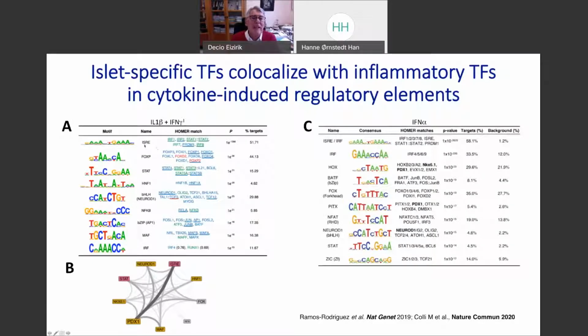When we started to look in human beta cells, all the data that I am showing today is human. So this presentation, at least today, is a mouse-free presentation.